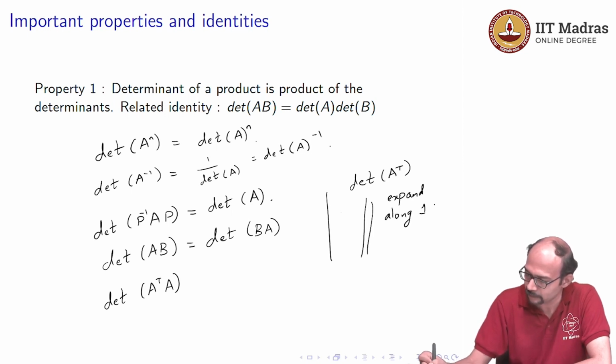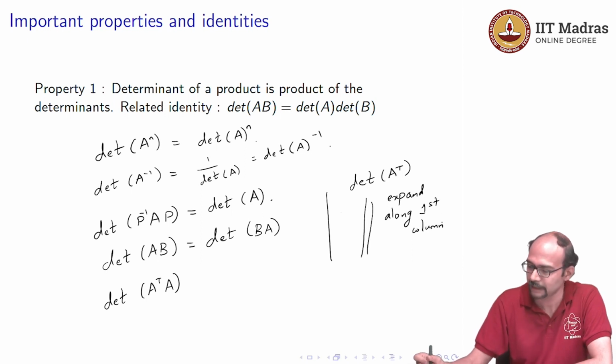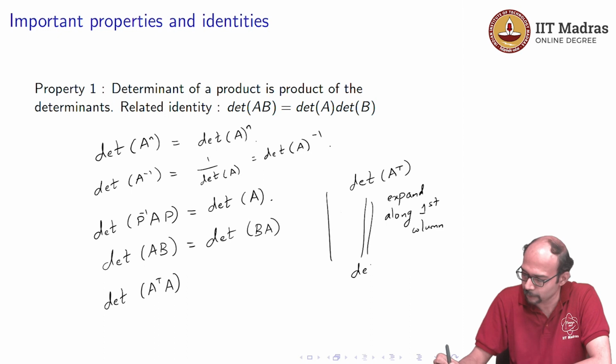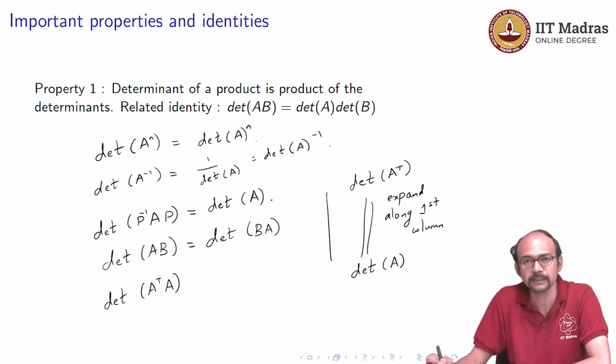So I strongly suggest you do this. Okay, and if you do that, the expressions you are going to get will allow you to conclude that this is determinant of A. So I'll leave this to you.